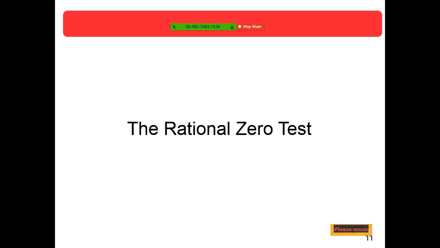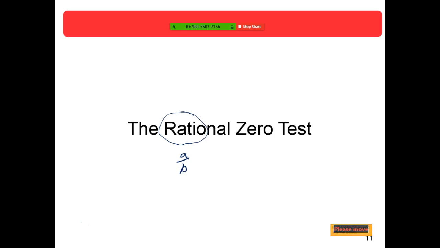Can anyone remind me what it means to be a rational number? Can you give me an example of a rational number? What's the first 5 letters of rational? Ratio. What is a ratio? A ratio is a comparison of two numbers in the division sense. A over B. So in other words, some sort of fractional form.